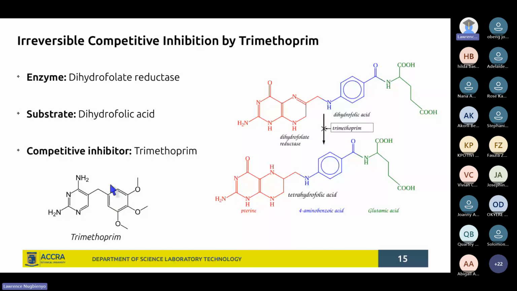So you could see that it is that first ring that can have interaction with the enzyme, which looks much alike dihydrofolic acid. But this also brings up the fact that some antibiotics are more specific than others.